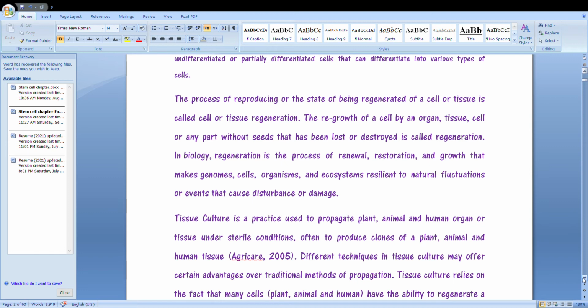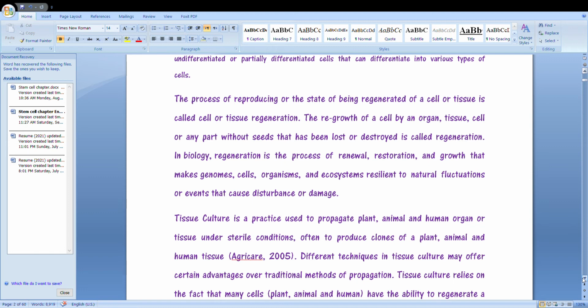The process of reproducing or the state of being regenerated of a cell or tissue is called cell or tissue regeneration. The regrowth of a cell, organ, tissue, or any part that has been lost or destroyed is called regeneration.